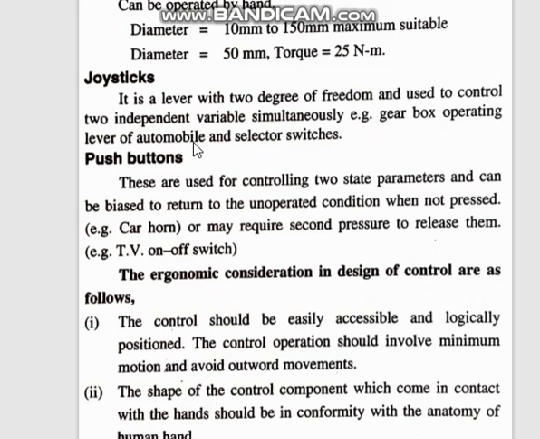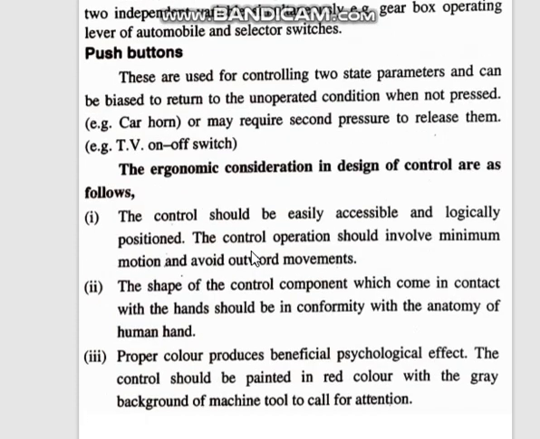How the joystick should be, how tall it should be, and how the grip should be. Push buttons, you see, car horn, maybe we are operating with the palm, and TV on off switches, we may be operating with the finger, so what should be the diameter of that, and everything.